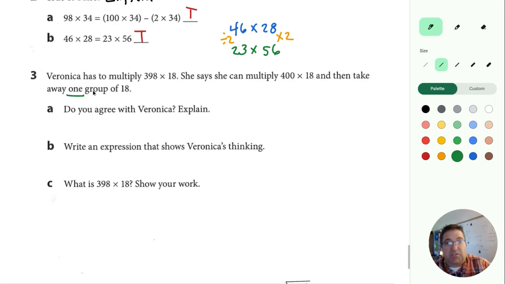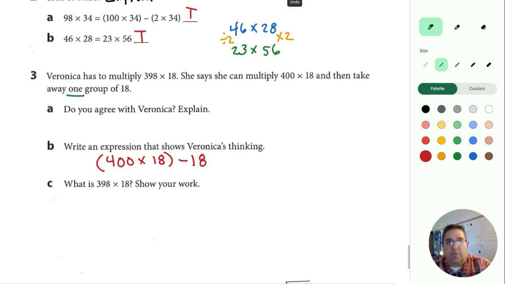And why is it? Because she only took away one group. So what does she need to do? She needs to take away two groups. So we can go with that 400. That's a good strategy. 400 times 18. But then we got to take away. Oh, here's what she was thinking. 400 times 18 minus 18.